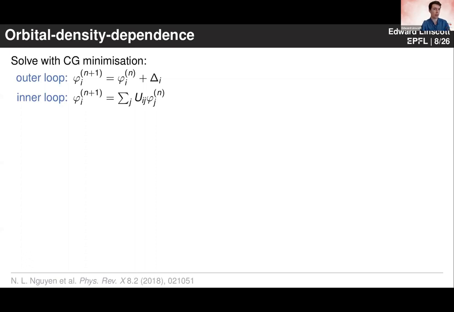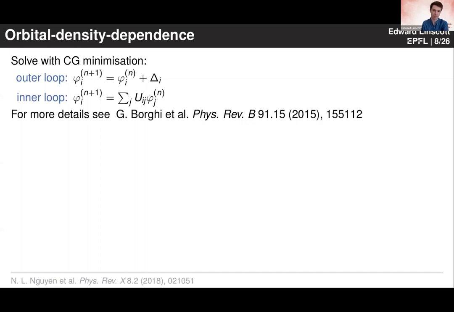And so practically what we do, and you'll see this in the files that we'll look at later today, is that you might see iterations with the CG minimization with an outer and an inner loop. And for more details on this precise CG algorithm, you can refer to this paper here.